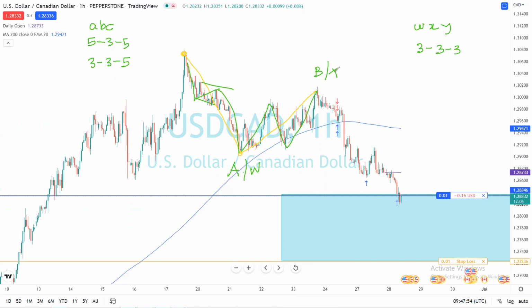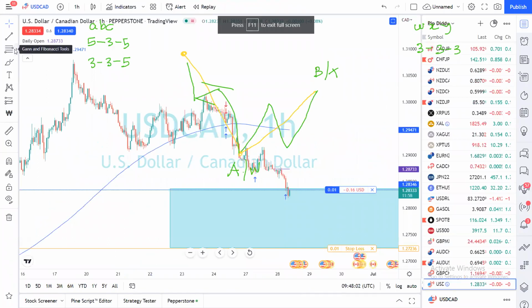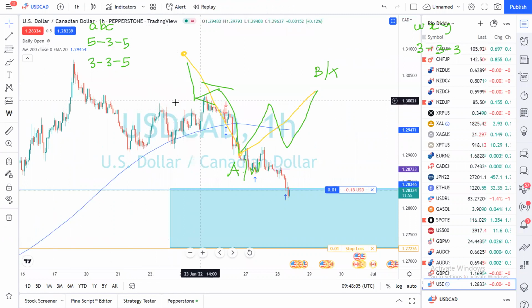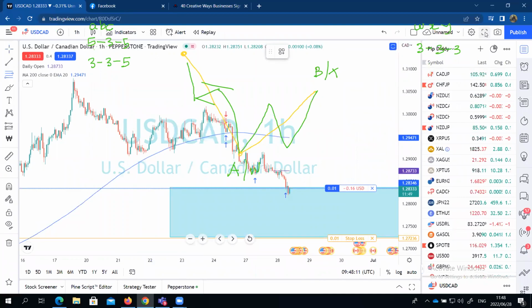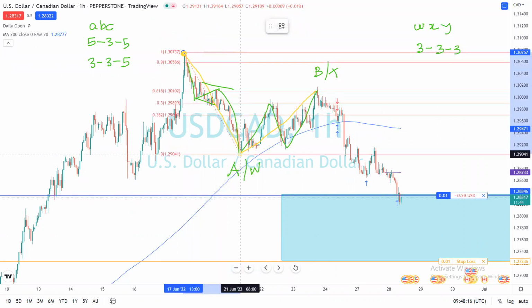Let's have a look at the Fibonacci levels. We want to see how much of this retraces. From the start of wave A to the end of wave A, we see that our wave B is completing in this zone here between 50% and 61.8%, with pinpoint accuracy.